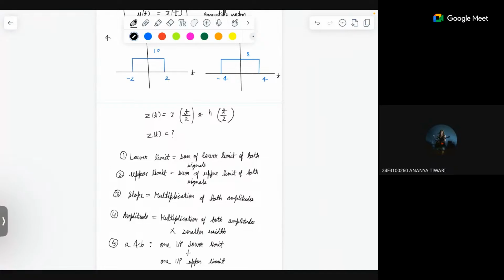That sharp change is where we have a discontinuity. So ma'am, we have to tell it for x of t and h of t? No, you have to tell me for z of t. But ma'am, in a way, there's no sharp change, right? Yes, so it would be 0. Yes, that's right.